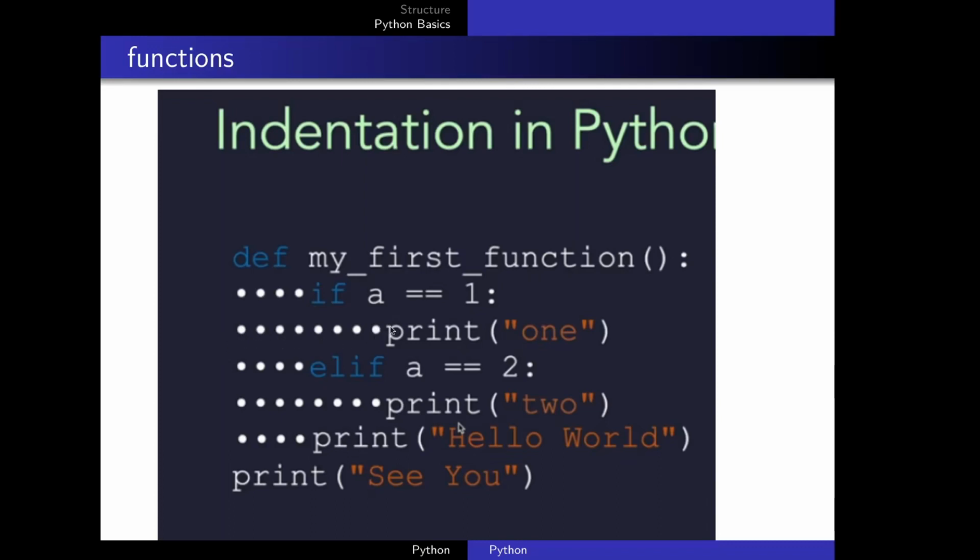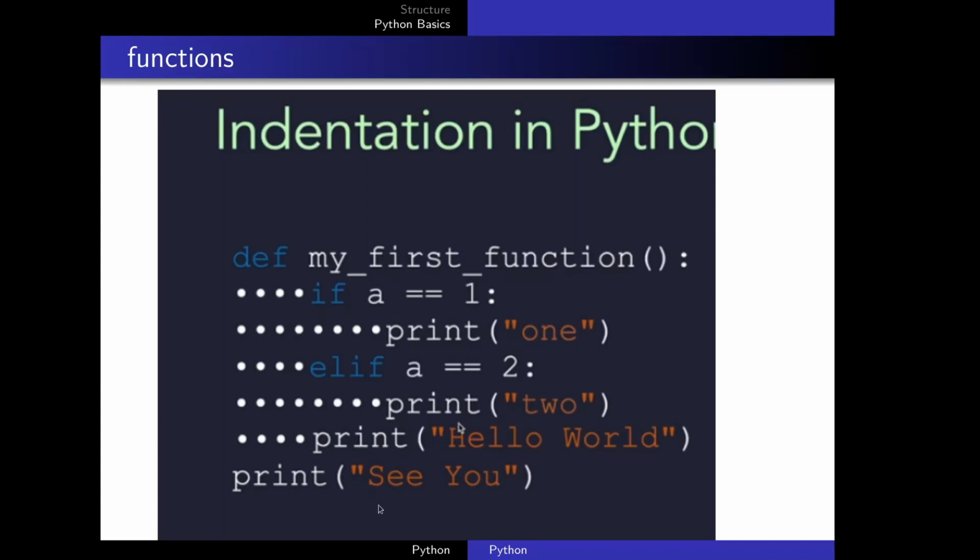Here, print 1 is inside the if code block. That is the if condition, and then we go to the else part. Again, we have to indent the code block inside the else by 8 spaces because this is inside the else part. Now this print is the end of this if-else block. This is outside of the if-else block but inside the function because it's indented by 4 spaces.